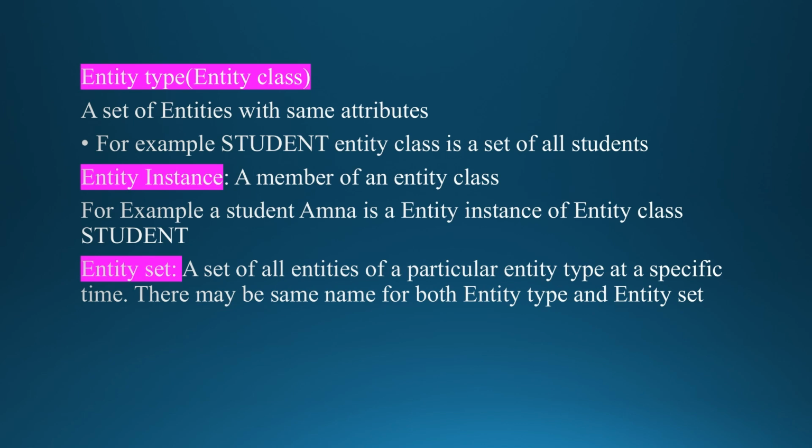For one student, name, roll number, subject, class, course are the required values. For another student also these values are required, like student name, registration number, roll number, all these are the different attributes that all students have. So entity class or entity type is the set of all students.